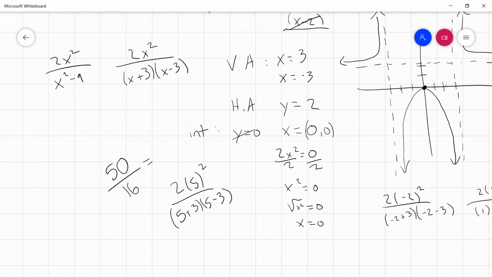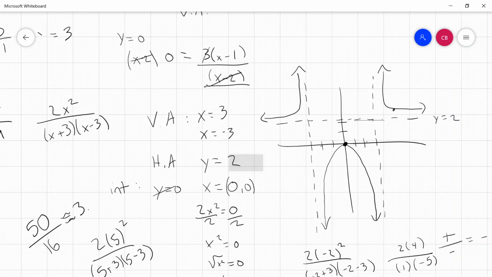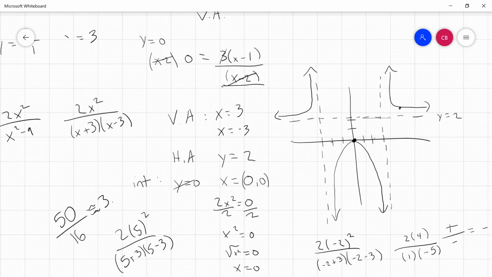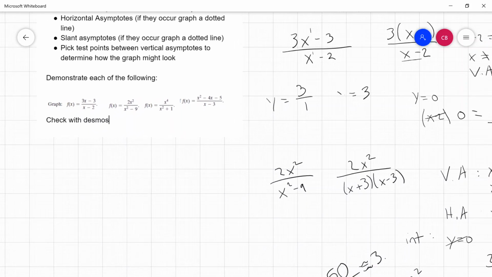So this is equal to about 3 point something, because 16 goes into 48. So we see our asymptote at y is equal to 2. This point is at 3 point something, so it must be somewhere up here. And therefore, I know this is a good graph. So the rule I'm kind of using is it won't approach the same infinity on this side as this side. Okay, that's basically the rule I'm using.